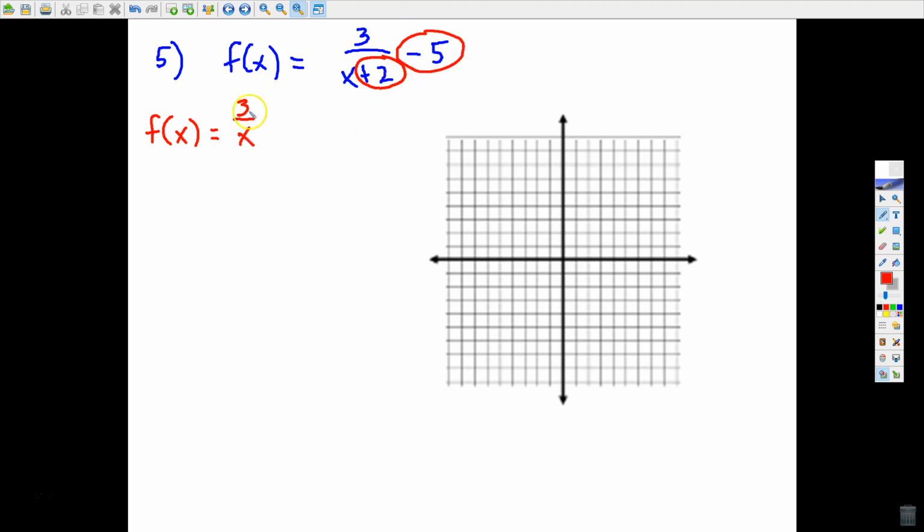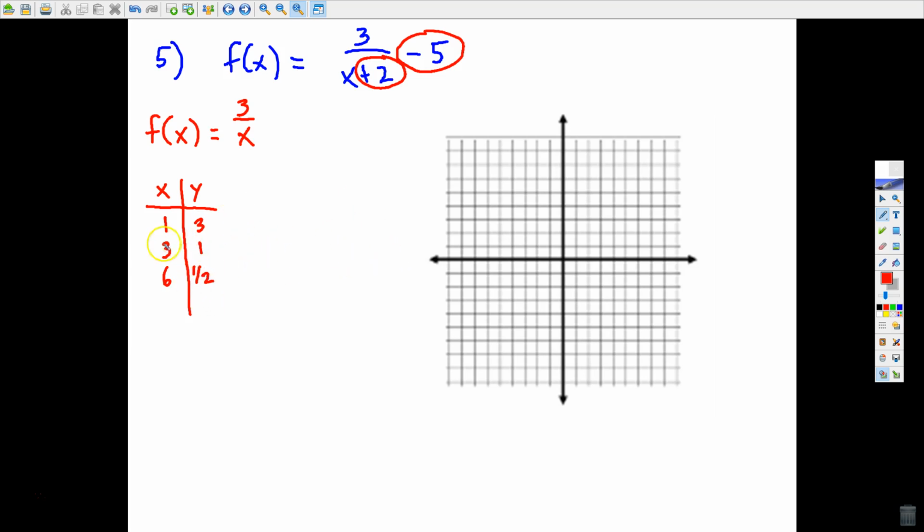Okay, so just think about this parent function, 3 over x, make a table for it. Obviously, 0 cannot be part of the domain. We can't divide by 0, but we can divide by 1. And if we do, 3 over 1 is 3. We can divide by 3. Just pick some inputs that make the math pretty easy. 3 over 3 is 1. 6 makes it pretty easy. 3 over 6 is 1/2.